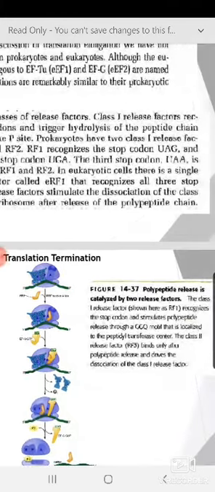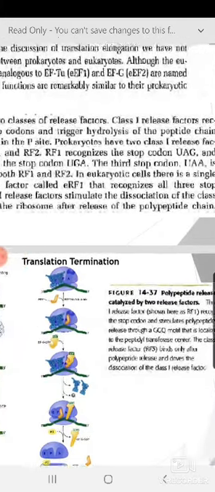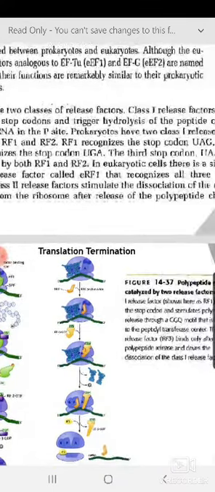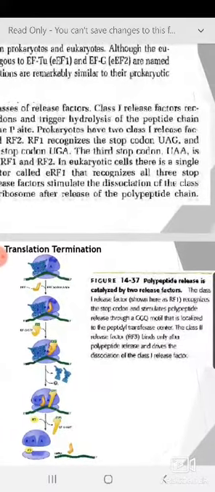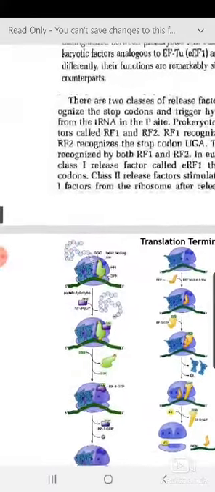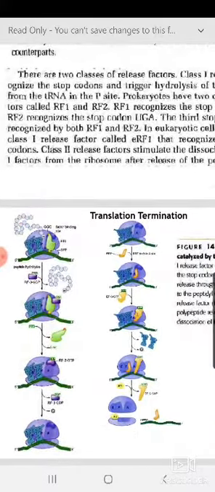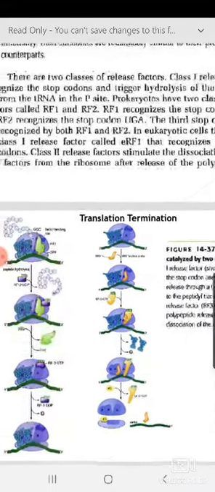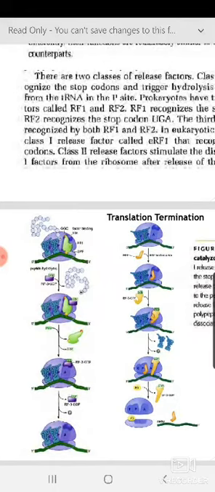Now in prokaryotes, we have two class 1 release factors, named RF1 and RF2. RF1 recognizes the stop codon UAG and RF2 recognizes the stop codon UGA. But the third stop codon UAA is recognized by both RF1 and RF2. Let me tell you one more time. There are two classes of release factor, class 1 and class 2.